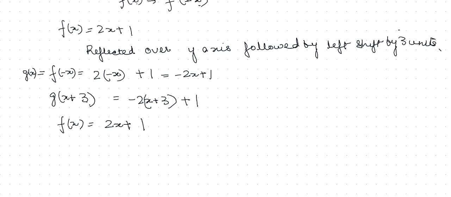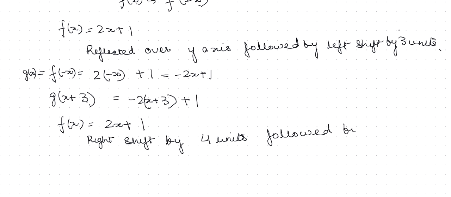And with this, the transformation we have to do is a right shift by 4 units, followed by a vertical shrink by a factor of 1 by 3.